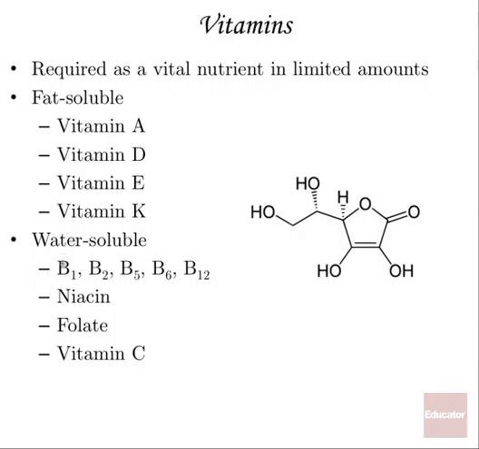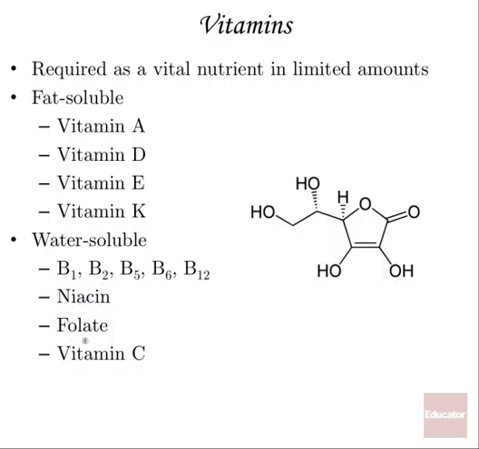Some of them from bread, like B1, but meat, a common source of these. Not just meat, but let's say you're vegan. If you're vegan, talk to your doctor about some other sources for these vitamins, if you are completely excluding meat and eggs and so on and milk from your diet.